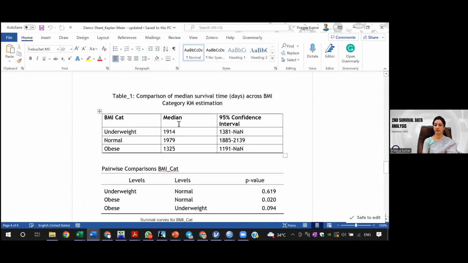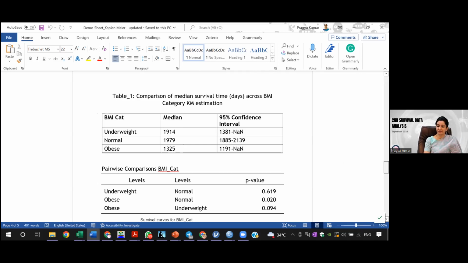So this was against, like you can see here, median survival time. It was less for obese, followed by underweight, and then normal.